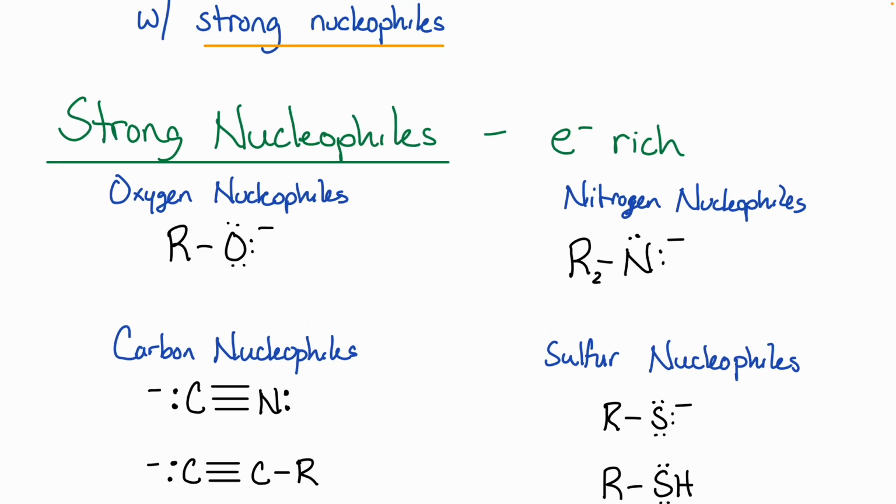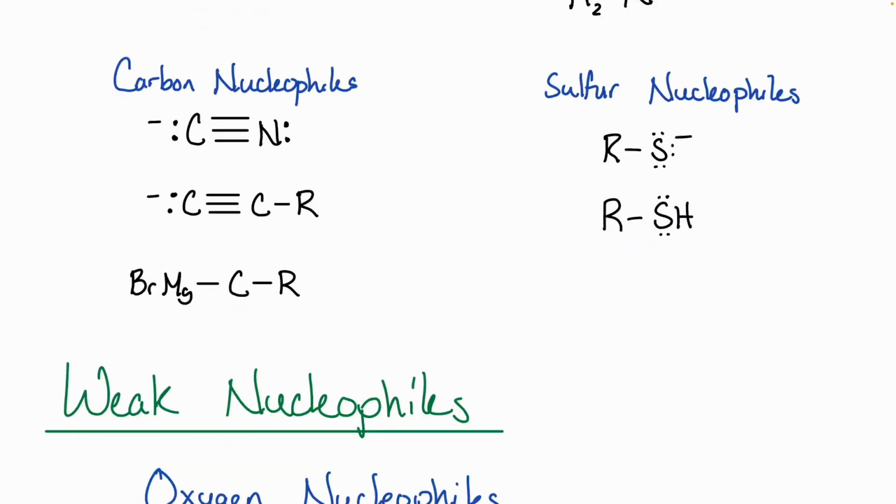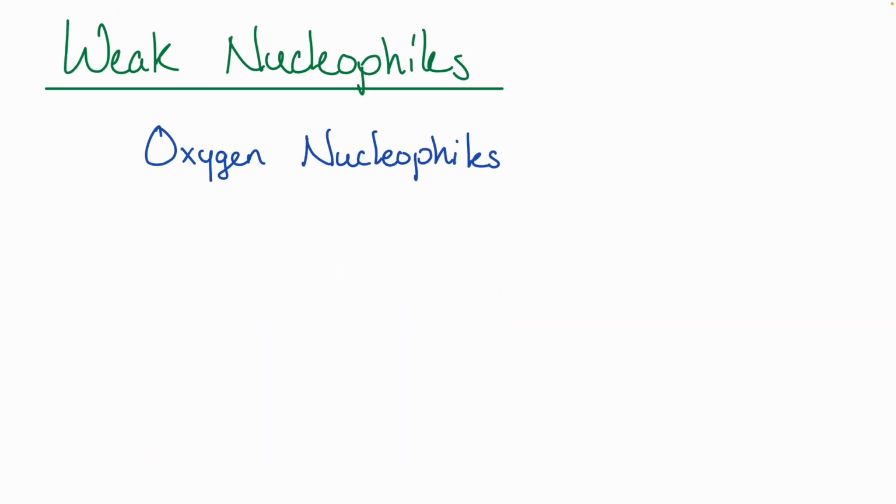Our strong oxygen nucleophiles all have negative charges, so our weak oxygen nucleophiles are simply going to be neutral. An alcohol would be an example of a weak oxygen nucleophile. Water is an example of a weak oxygen nucleophile.